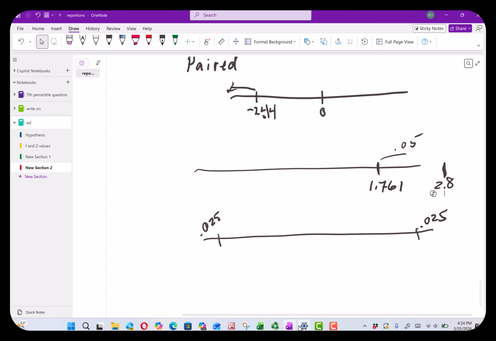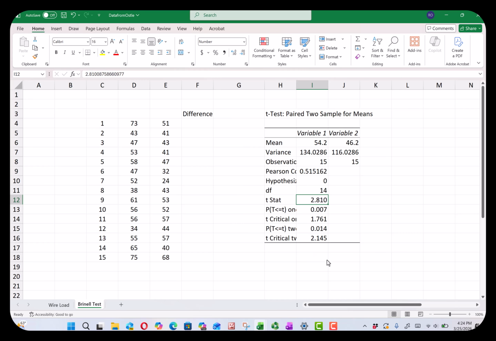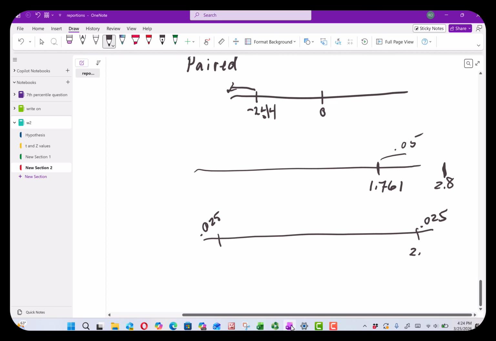If it's a two-tailed test, for the difference in means is the same versus it's not, the critical value is 2.145. So we have 2.145 on the upper end and minus 2.145 on the lower end. And the 2.8 is still way out on the far end, so we're going to reject in either case.